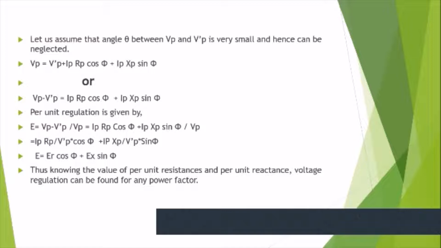Thus, E is equal to ER cos phi plus EX sin phi. Thus, knowing the value of per unit resistance and per unit reactance, voltage regulation can be found for any power factor.